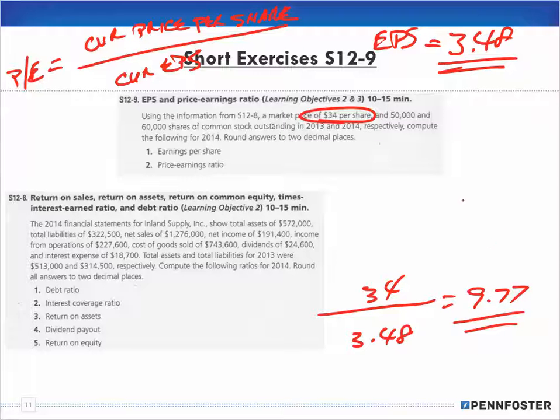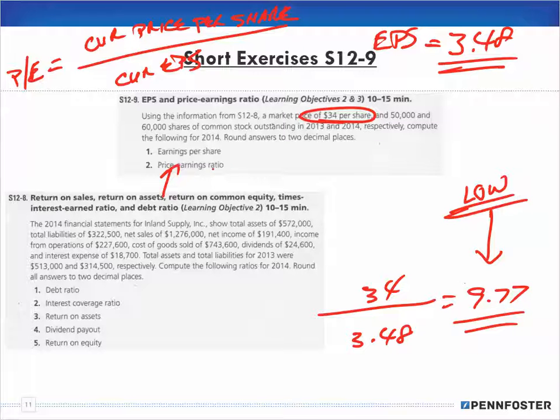And notice that if you watch the theory videos, I went into a little bit more of an explanation of the PE ratio and what it means, it being a low number. That's a company that investors will look at.